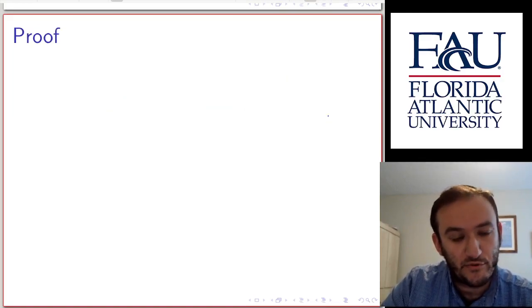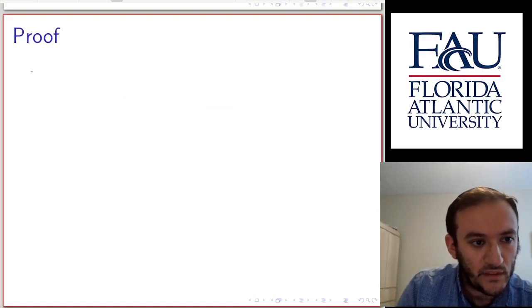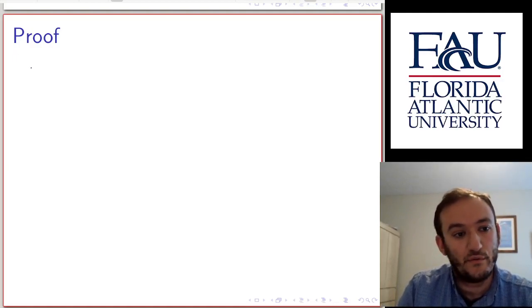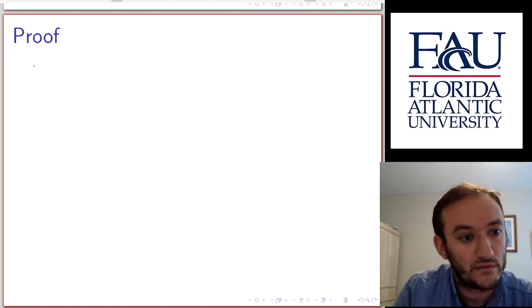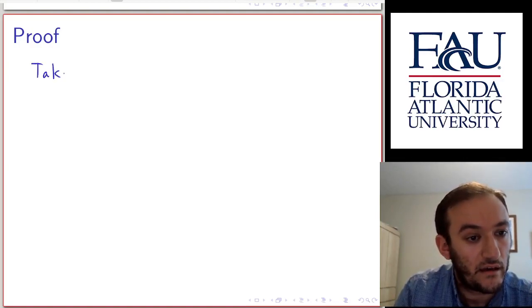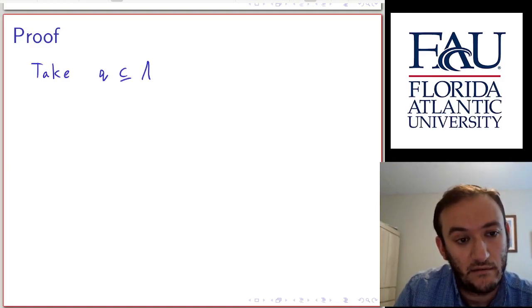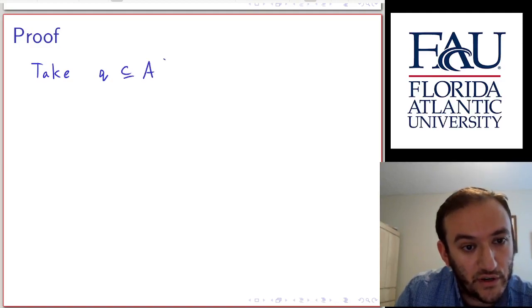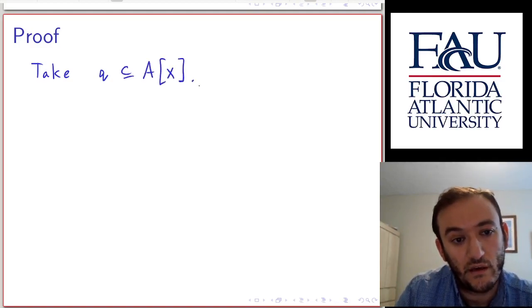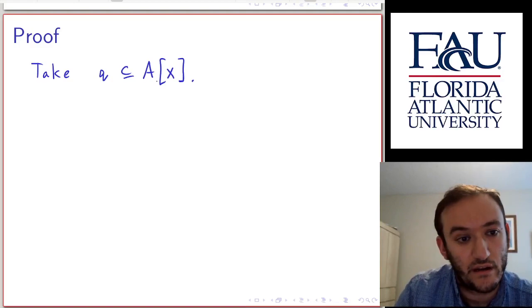Okay, so let's prove this. The idea is as follows. We're going to prove that ideals will be finitely generated. So take any ideal in A adjoin X. Okay, we want to show that this is finitely generated.